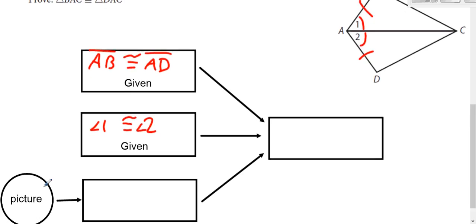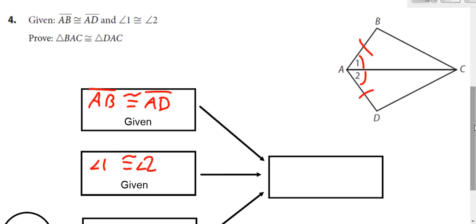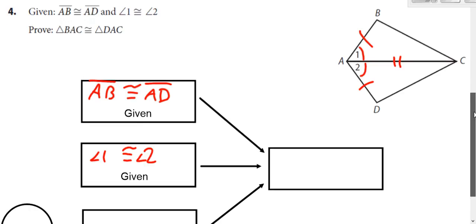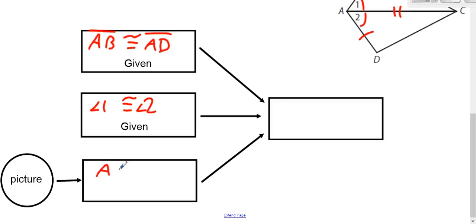So then from the picture, we can get something else. Looking at the picture, we have both triangles have this side right here, AC. So AC is congruent to AC. And the reason for that, that's called the reflexive property.